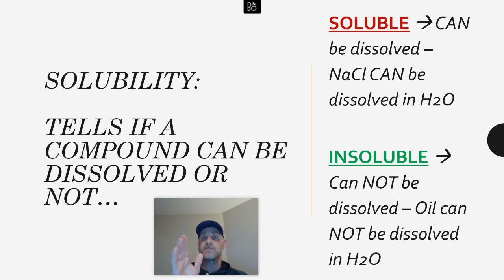So we would call that soluble. Oil, on the other hand, if I put oil with water, it cannot be dissolved. And so we would call that insoluble. So those are 2 words. So when we're talking about solubility, we're referring to, hey, this can or it cannot be dissolved. Okay, so just 2 words. Just want to remind you of those.